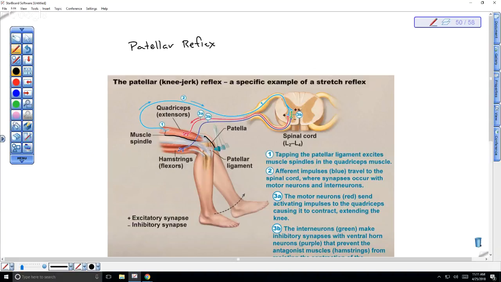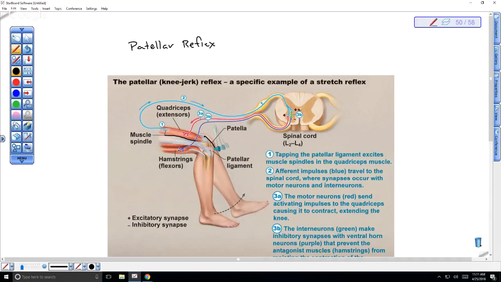And so there is a motor neuron going to them that is causing that muscle to relax while the quadricep contracts and causes the movement. You'll notice that this is ipsilateral. You'll also notice that it is polysynaptic, so there are interneurons in the synapse. And then you can also see the route by which the sensory information goes into the spinal cord and the motor information comes out of the spinal cord.